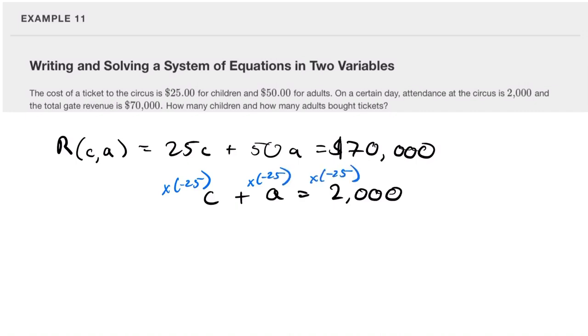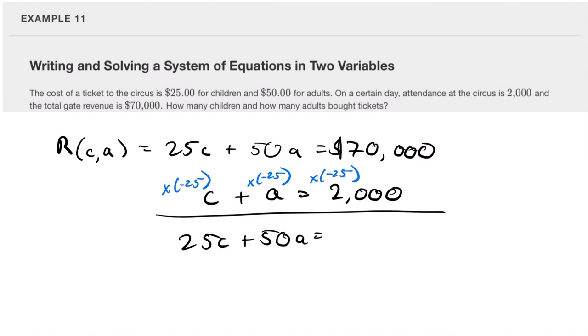So the first equation stays as is. The second equation now becomes negative 25c minus 25a equals a negative 50,000.